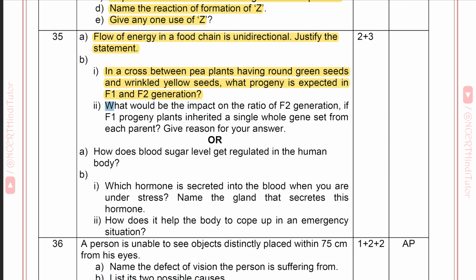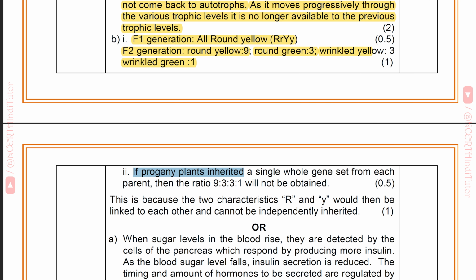Second, what would be the impact on the ratio of F2 generation if F1 progeny plants inherited a single whole gene set from each parent? Give reason for your answer. Answer. If progeny plants inherited a single whole gene set from each parent, then the ratio 9:3:3:1 will not be obtained. This is because the two characteristics R and Y would then be linked to each other and cannot be independently inherited.